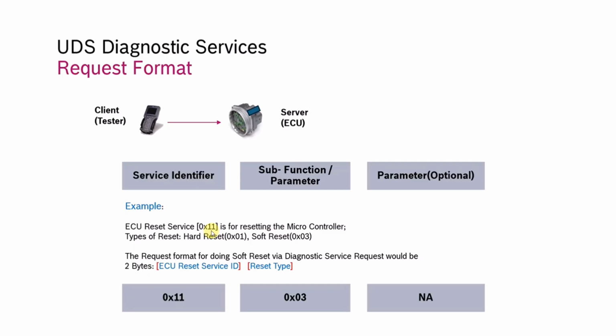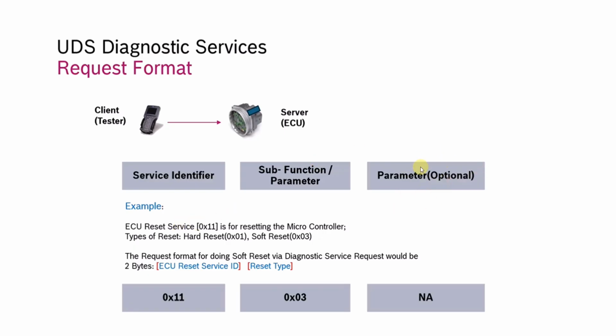For example, ECU reset service 11 supports hard reset, which is subfunction 01, and soft reset, subfunction 03. If I want to perform soft reset, in the subfunction parameter I need 03. If I send 11 03, the ECU will understand that I need to perform the reset option, and in that, a soft reset. And the parameter is optional.